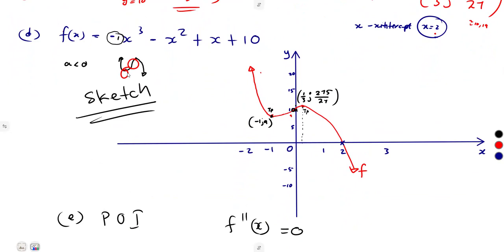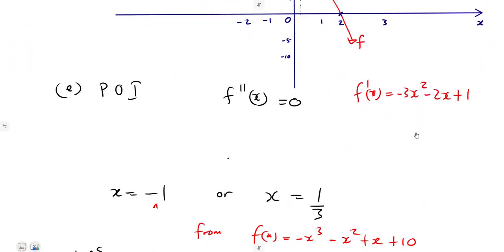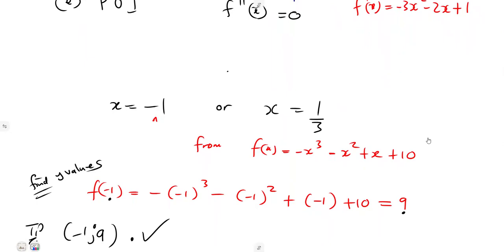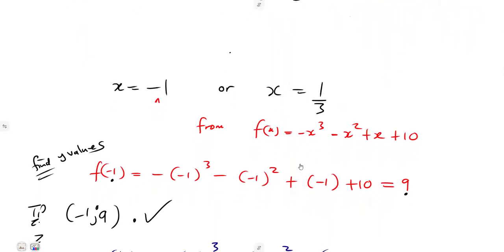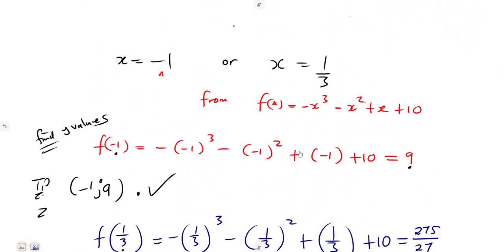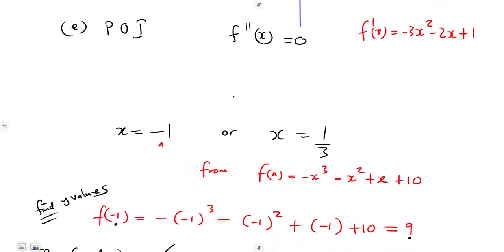Remember, when we determined the turning points, we had the first derivative. When we differentiated this, we got -3x squared - 2x + 1. Remember, guys, we differentiated this when determining our turning points before. It's only that I erased that.